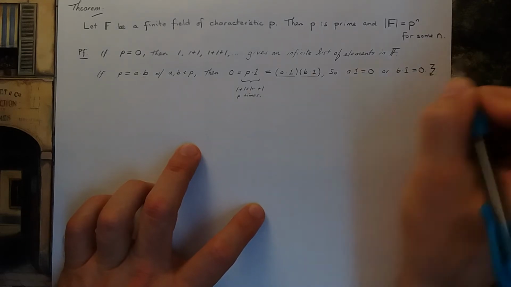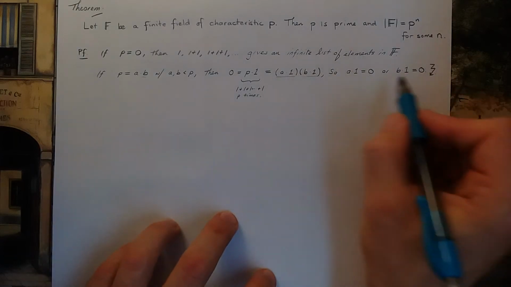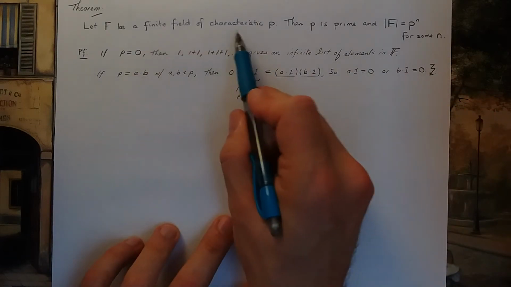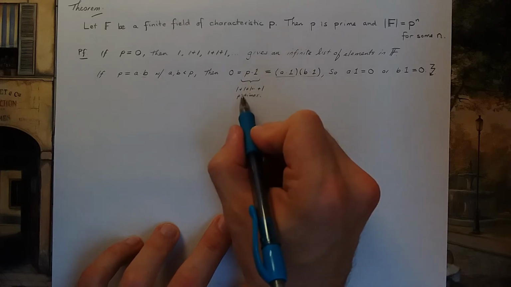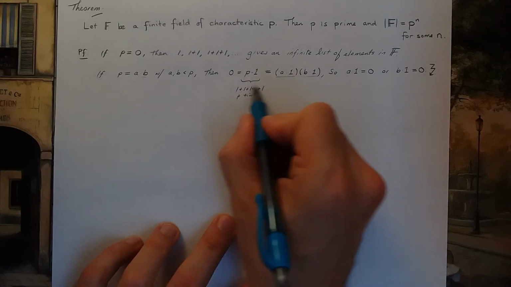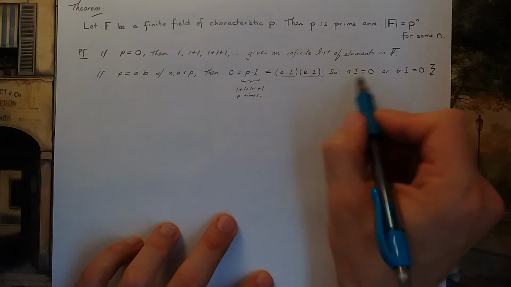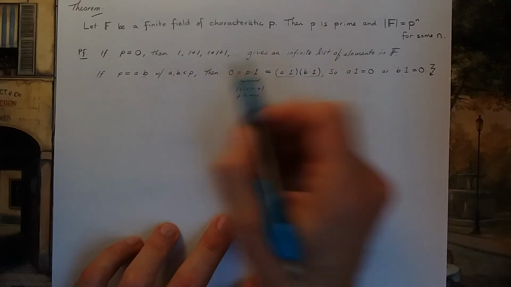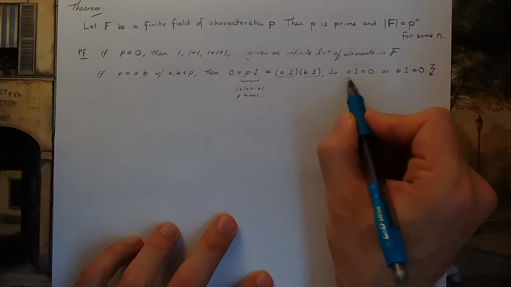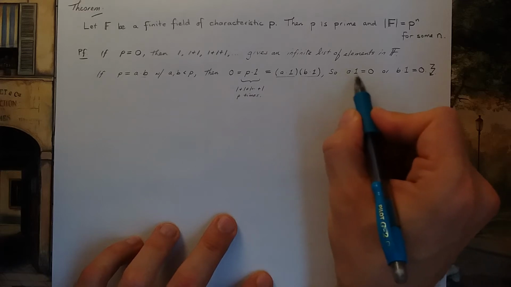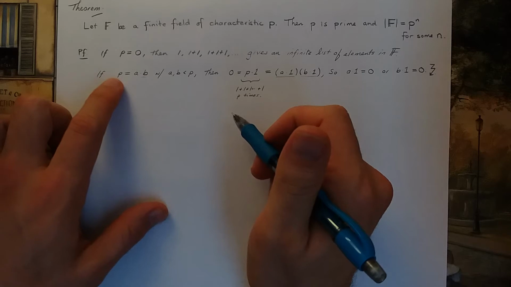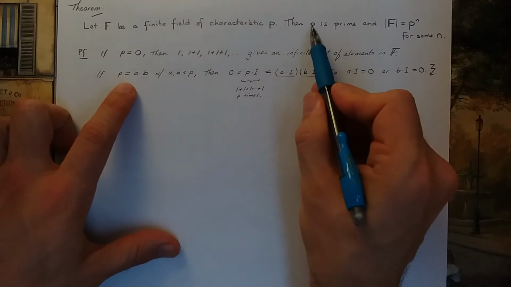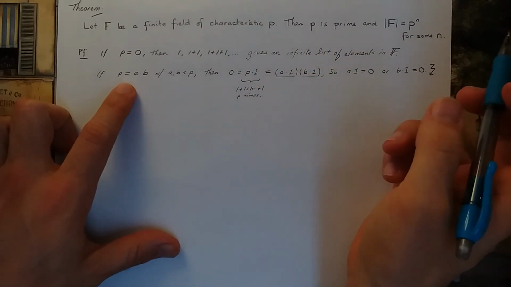Lightning bolt, that's a contradiction, because p is the smallest number that I can ever find to give me a sum of 1s equaling 0. But if a and b are less than p, then I found a smaller number of 1s that adds to 0. So that can't happen. Thus, I've verified the statement that p is prime.